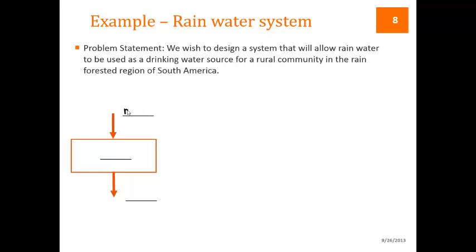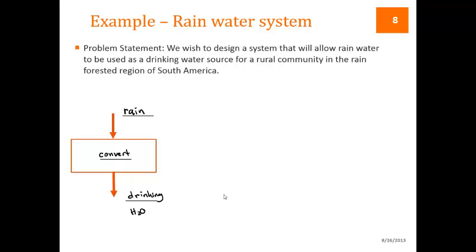We have rainwater coming in. We have drinking water coming out. And what is our box doing? Well, our box could be, in the most general sense, converting. Okay, so rain is being converted to drinking water.